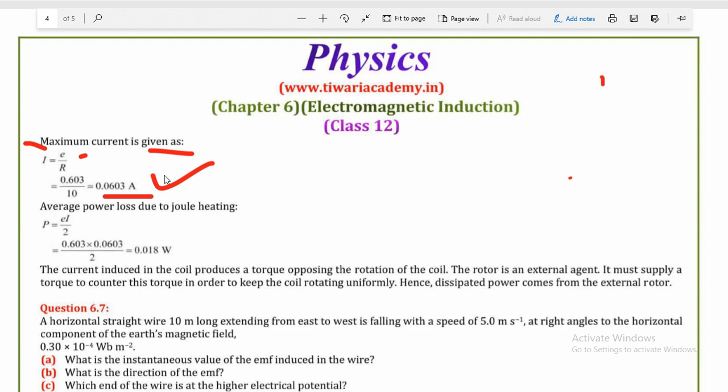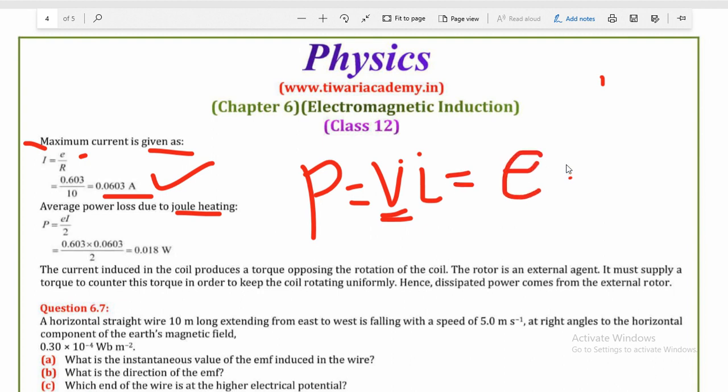Now we are ready to find the average power. The average power loss due to Joule heating: the formula is P is equal to V into I. This is for the power loss. Here you can substitute the induced EMF in place of the potential difference, so it will be E into I. But for average power loss, it will be divided by 2.